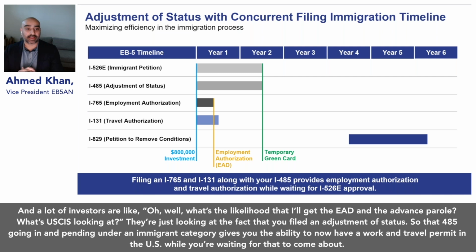Okay, and a lot of investors are like, oh, well, what's the likelihood that I'll get the EAD and the advanced parole? What's USCIS looking at? They're just looking at the fact that you filed an adjustment of status. So that I-485 going in and pending under an immigrant category gives you the ability to now have a work and travel permit in the US while you're waiting for that to come about.